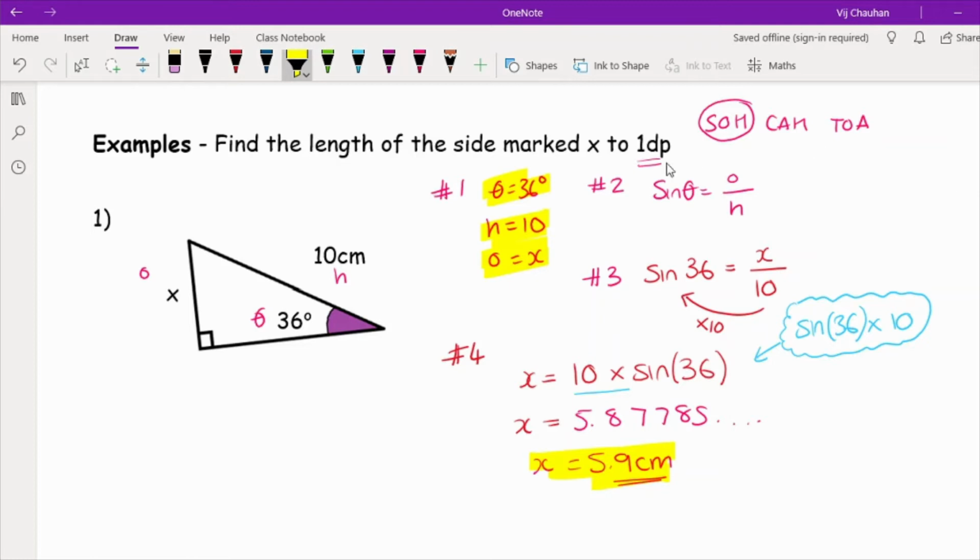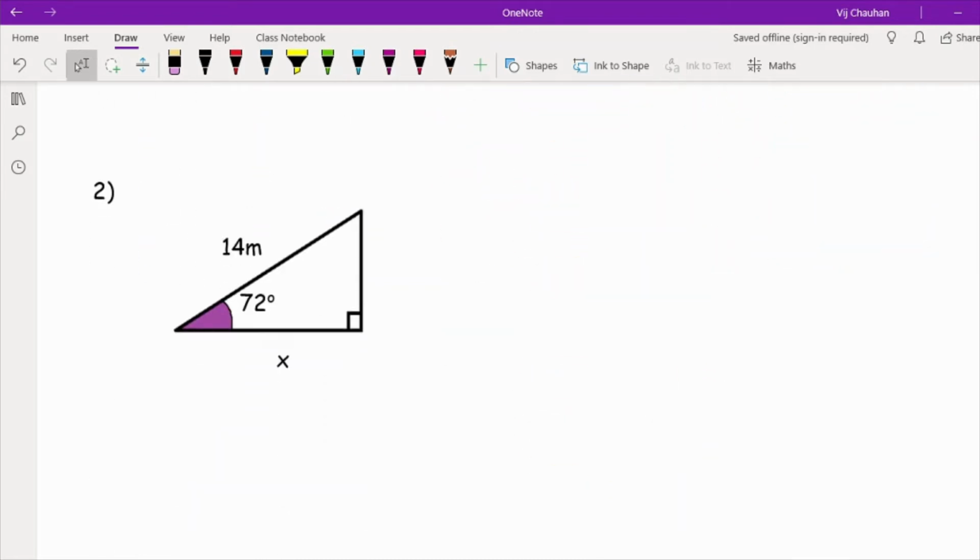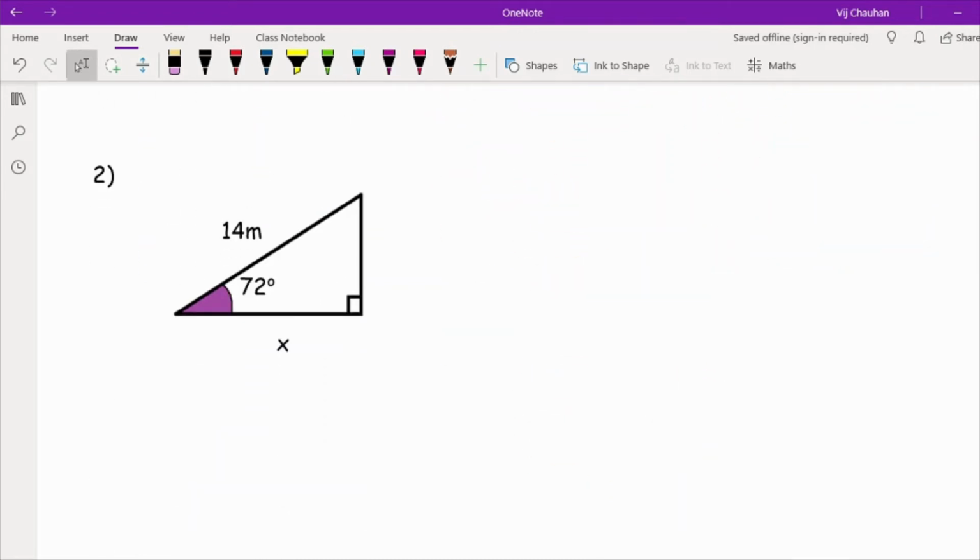Again, we're going to follow through those 4 steps that we highlighted earlier. So question 2. Here we've got another triangle, again not drawn to scale. The first thing we want to do is label the triangle. So here I've got theta is equal to 72 degrees.